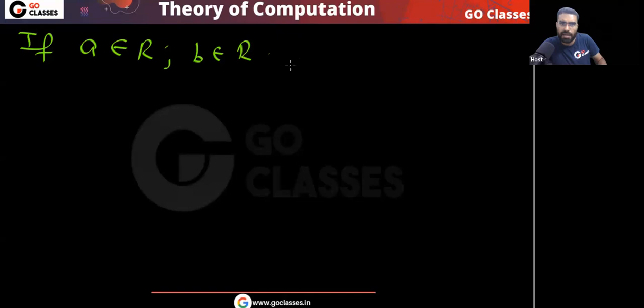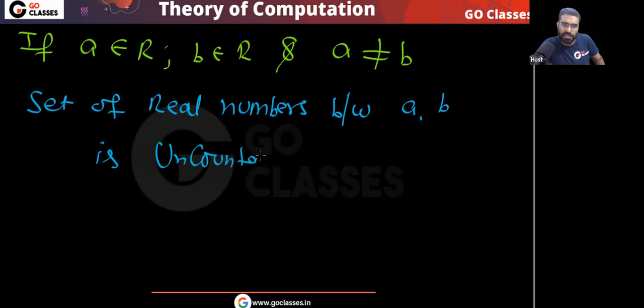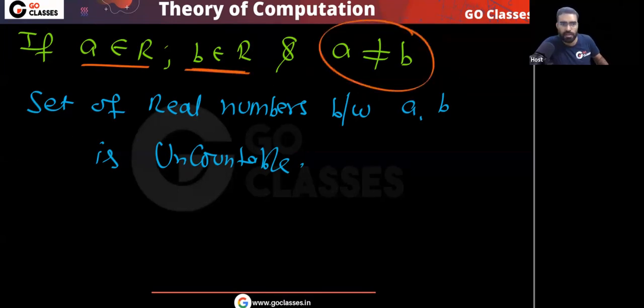We have already seen that if a is a real number, b is a real number, and a is not equal to b, then the set of all real numbers between a and b is uncountable. This is a standard result.